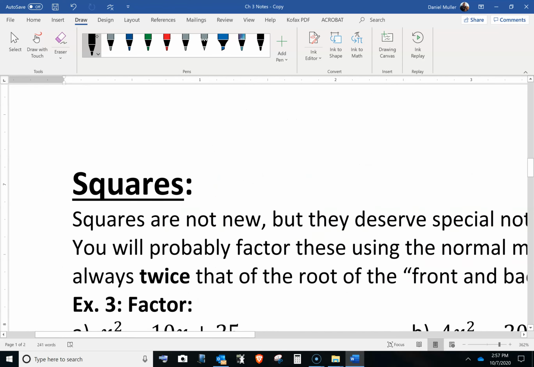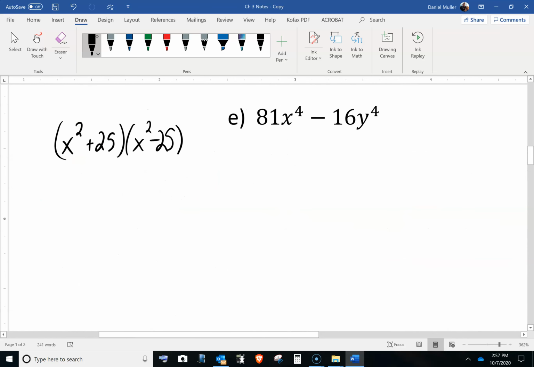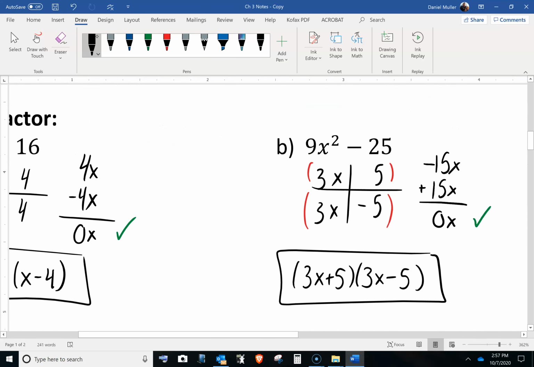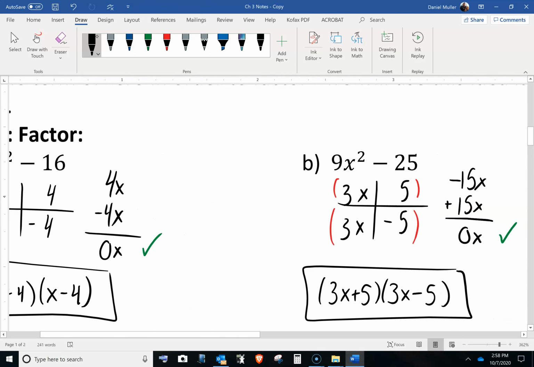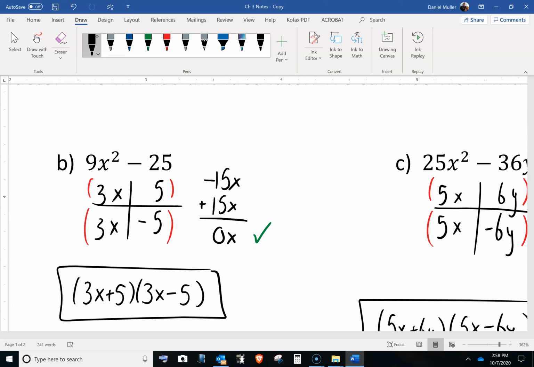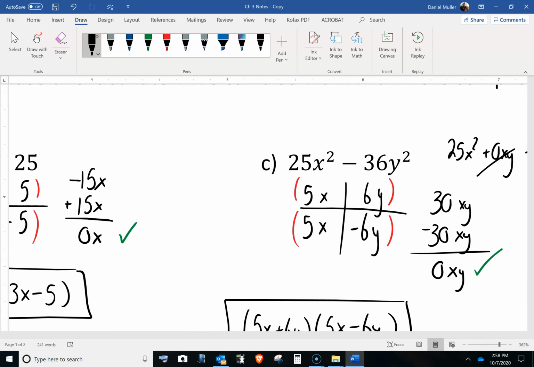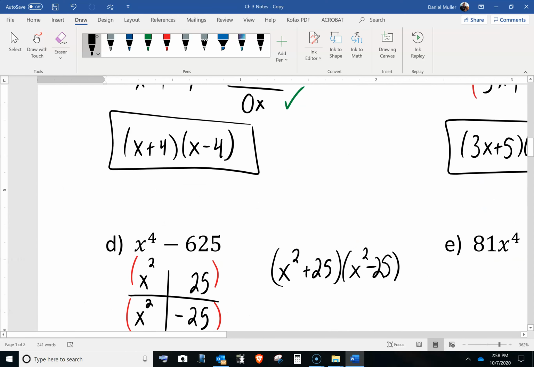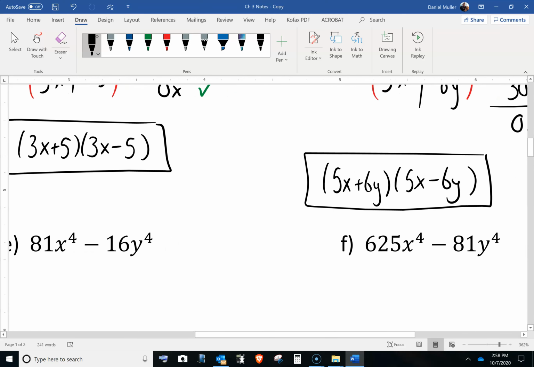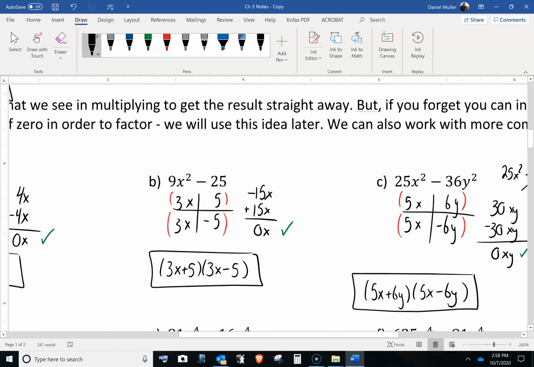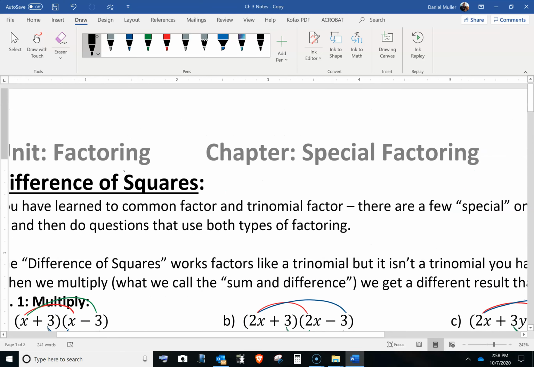And so I notice those things, and so when I'm looking at this, I'll also be noticing that it's a minus 16. This is a minus 25. Oh, this is a minus 36. Down here, minus 625. These ones, minus 16, minus 81. They're all minus.